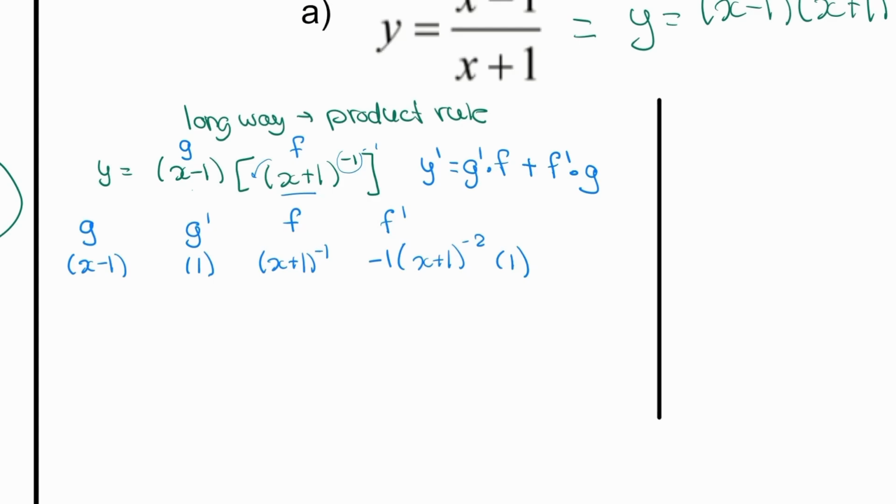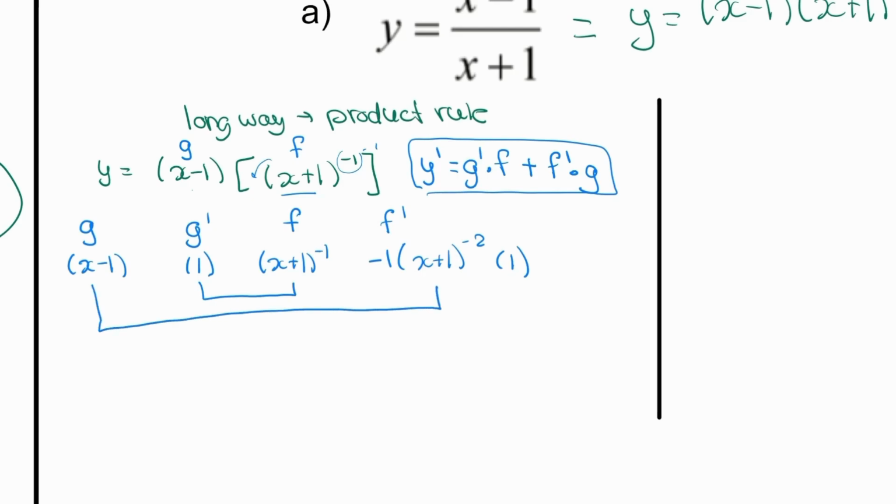So now when I go to put this together in my product rule, I'm going to have my G prime times my F and my G times my F prime. So y prime is going to equal G prime, which is just 1, times F, which is (x + 1)^-1, plus, now I have my F prime times G. I'm going to write it slightly differently, and put my G in front, x minus 1.